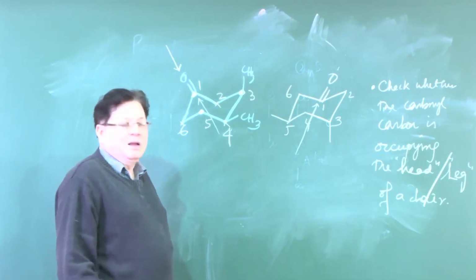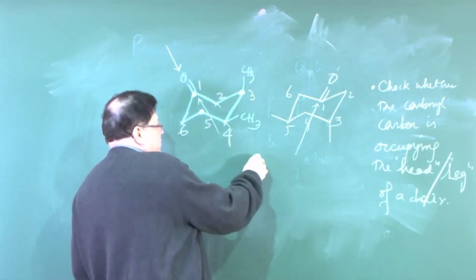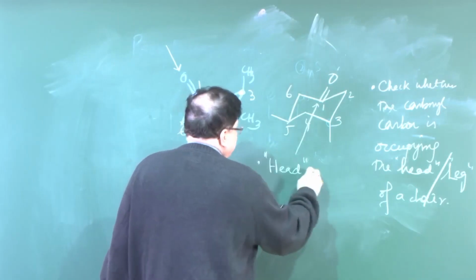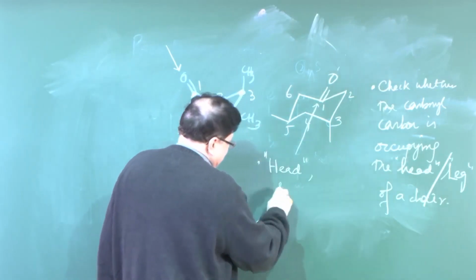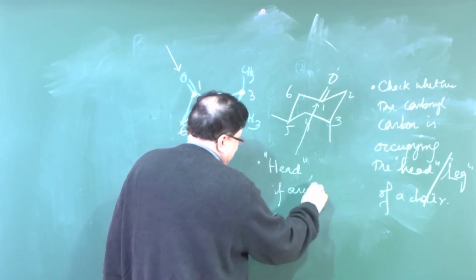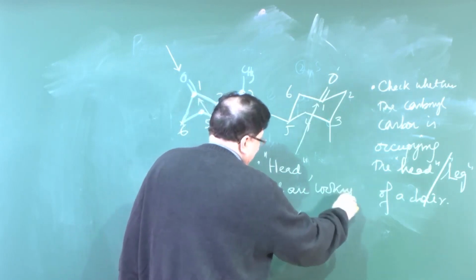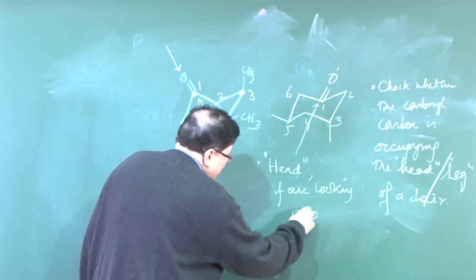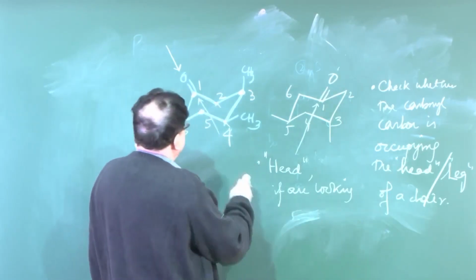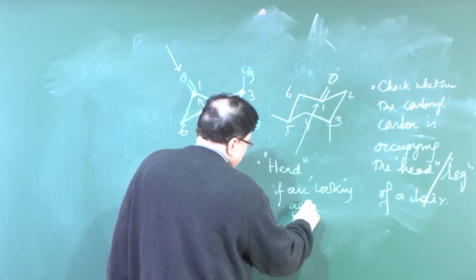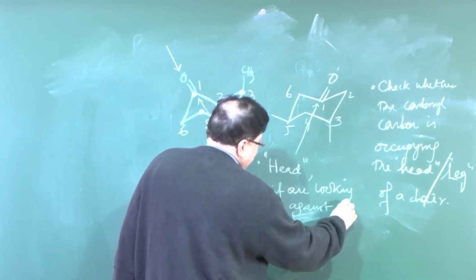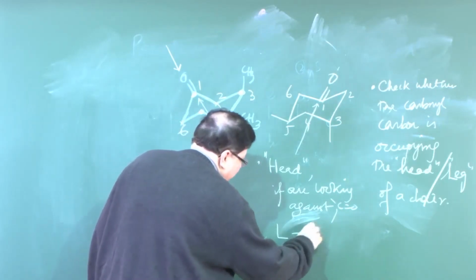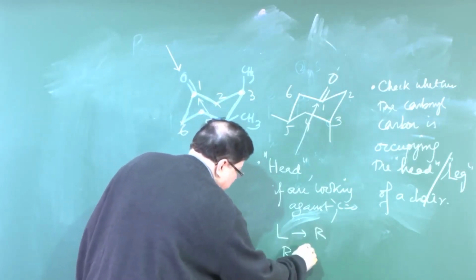Okay. And then if it is for head, and if you are looking along the CO bond or against the CO bond, I can say, that means from the opposite direction, then left changes to right and right changes to left.